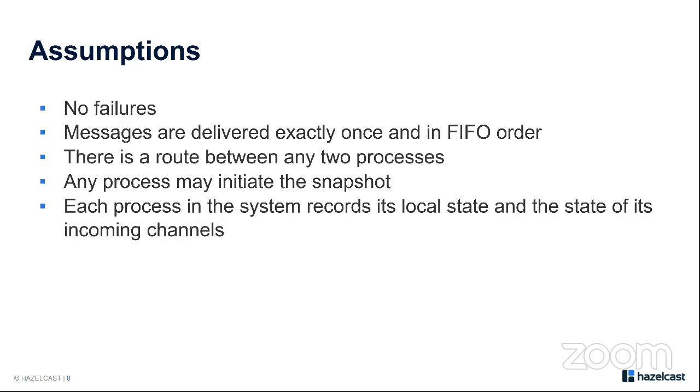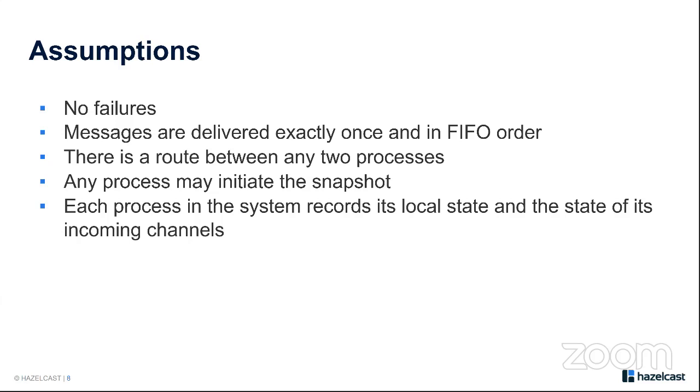And it also assumes that there is a route between any two processes. This is to ensure that the marker, when the snapshot is initiated by one of the processes, eventually reaches all of the processes and all of the channels. And these two are the last two I already mentioned. So any process may initiate the snapshot, and each process records its own state and the state of its incoming channels.